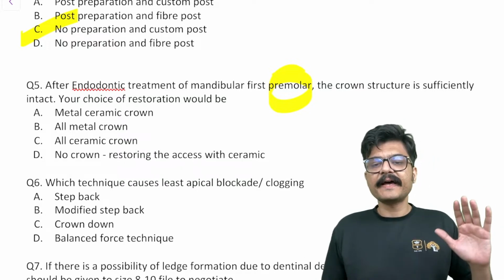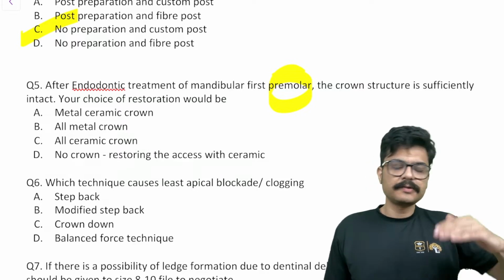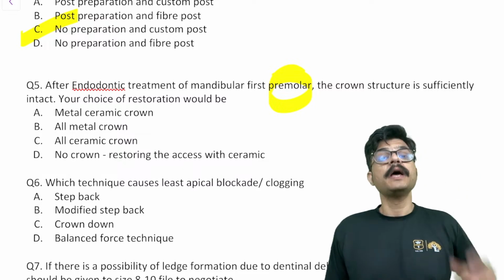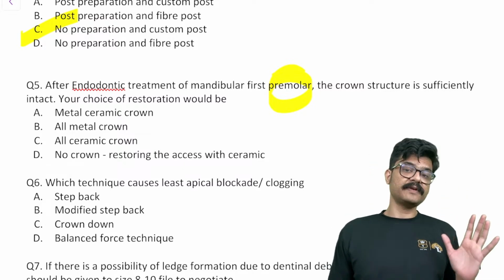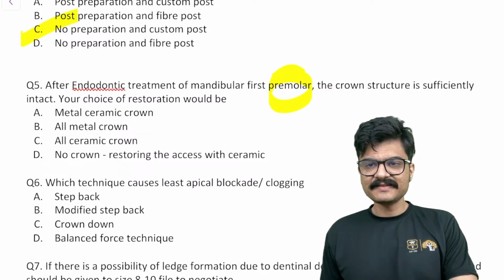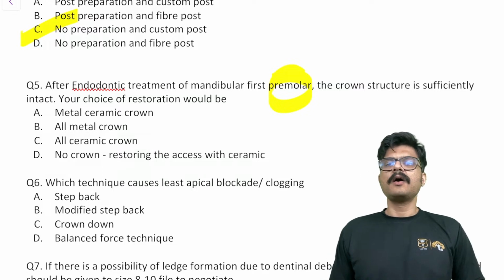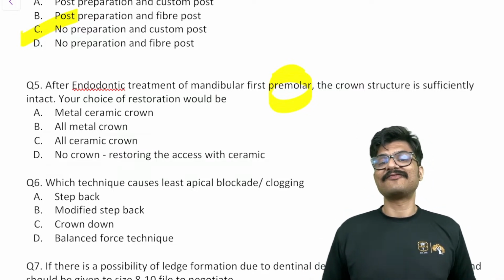Now Grossman says that because we are dealing with an endodontically treated posterior tooth, you have to go for a cuspal coverage restoration, even if your cavity prep has been very conservative. Right, guys? Even if my cavity prep has been very conservative, I have to go with the cuspal coverage restoration.